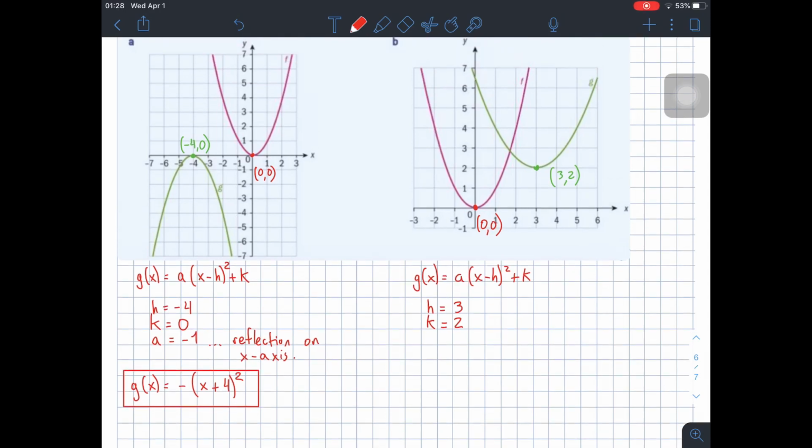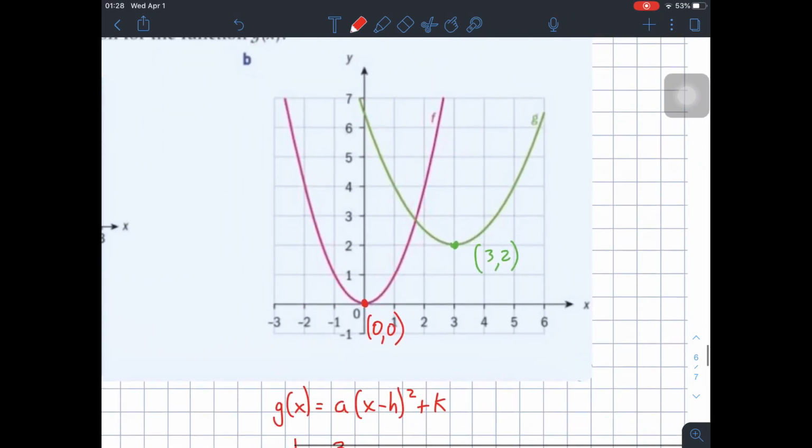First of all, I see that both functions are facing upward. They are both happy faces, so the sign of a would be a positive number. Okay. Second, I would see the shape of both parabolas. In this case, we see that this green one is a little bit wider than this one. So there should be a value of a different from 1. There should be a scale factor in this case because they do not have exactly the same shape.